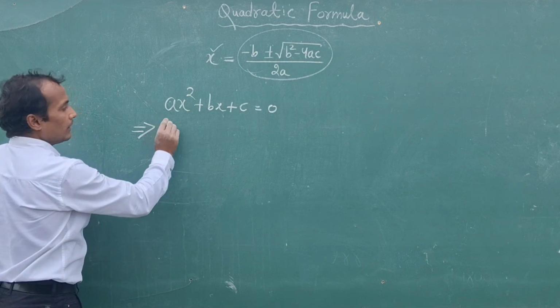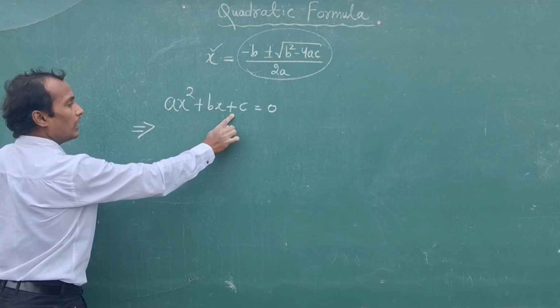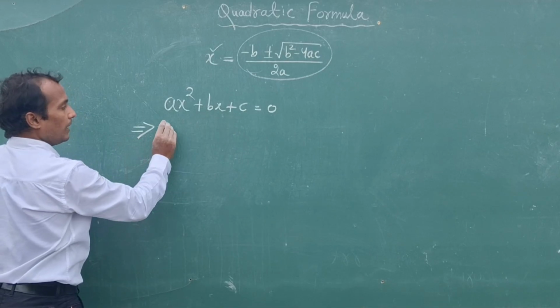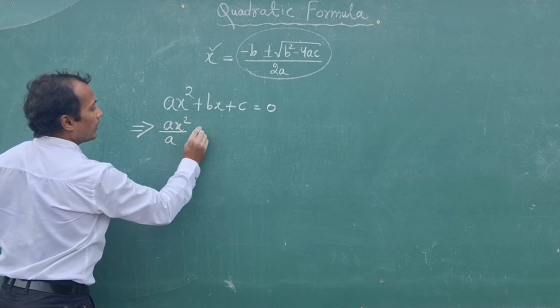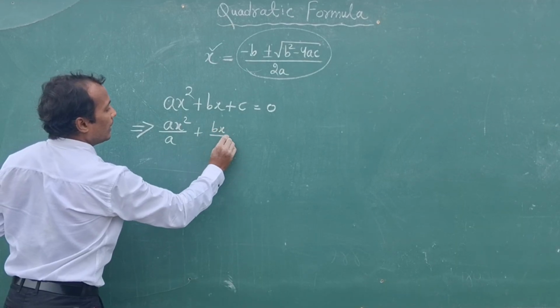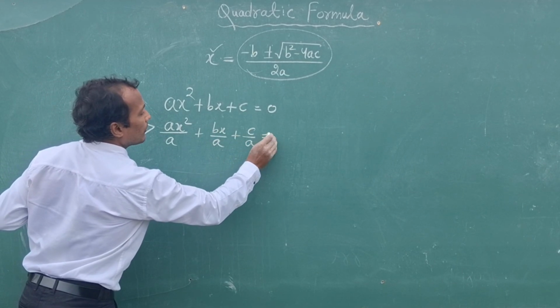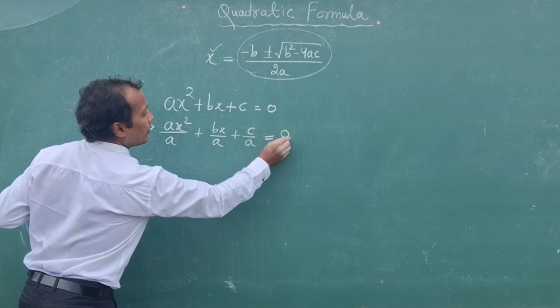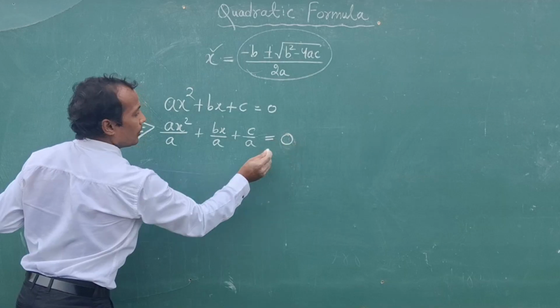Observe. Let me first divide all the terms of this quadratic polynomial on the left side of the equation by a. ax square by a plus bx by a plus c by a equals 0 by a, which is 0. I can write directly 0, no issues.